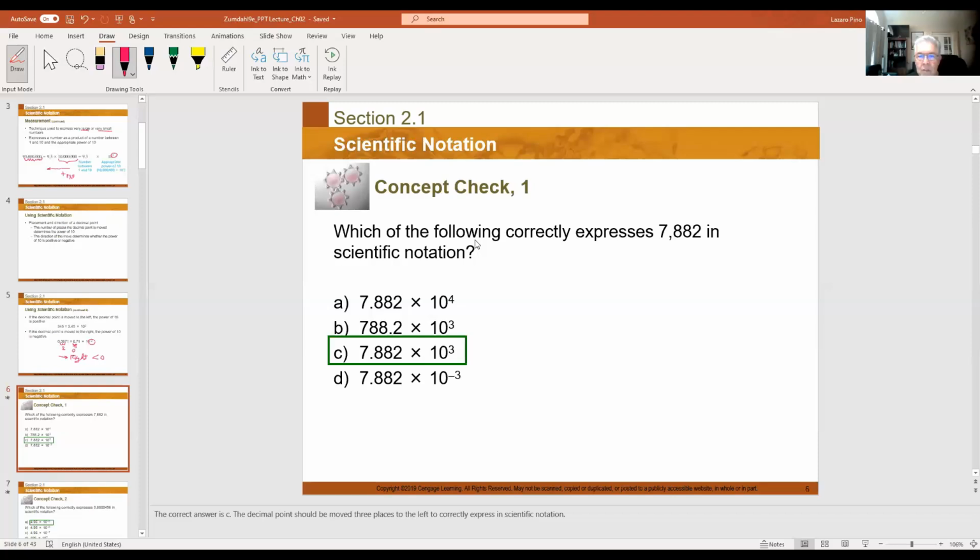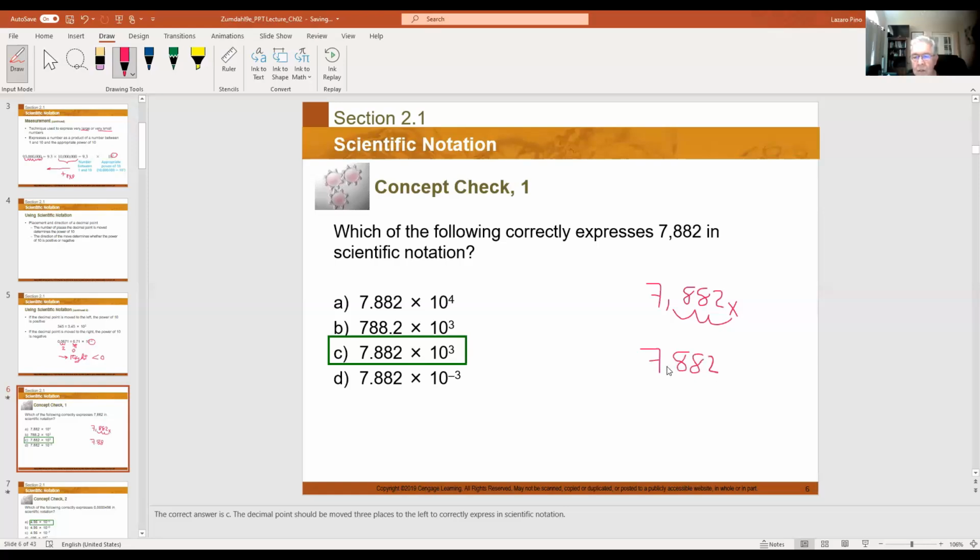For example, which of the following correctly expresses 7,882? Well, you're supposed to have a dot here, yes? And you move the dot 1 time, 2 times, 3 times in such a way that you will get 7.882.